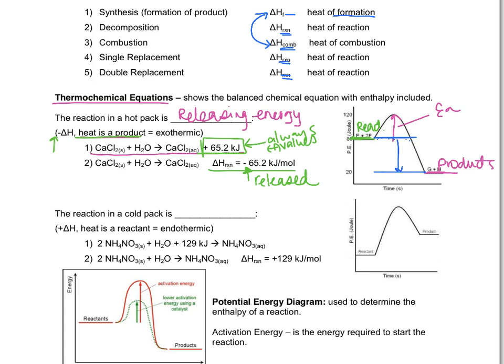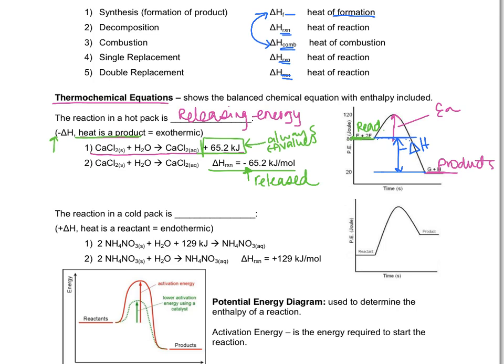This part right here is the actual amount of heat released. My reactants decreased overall in energy to form the product. That means my delta H would be negative. I lost energy, and that's how we know. The enthalpy is the difference between the two.